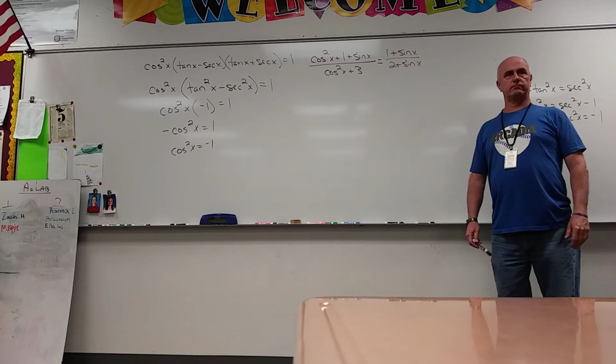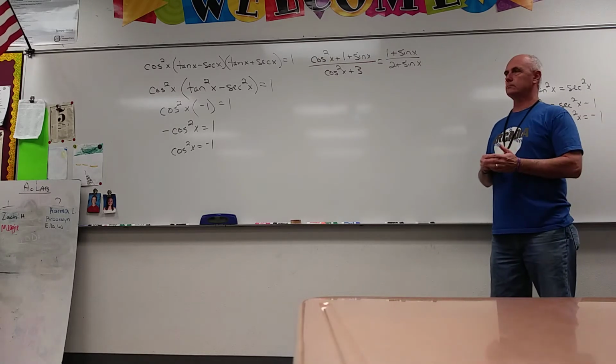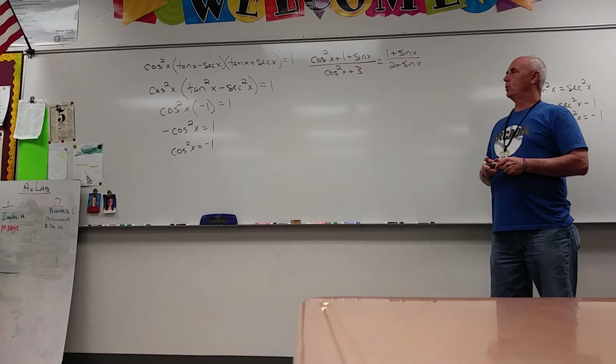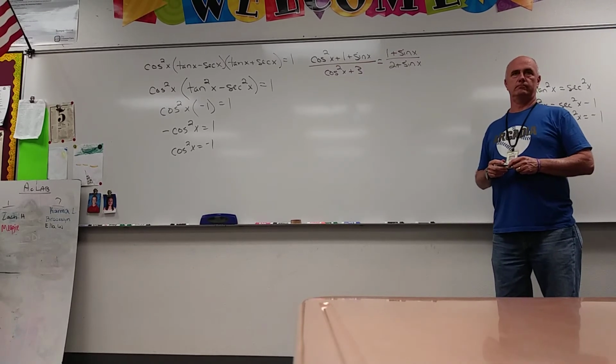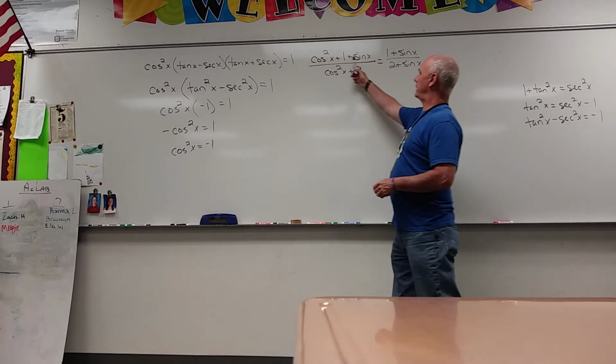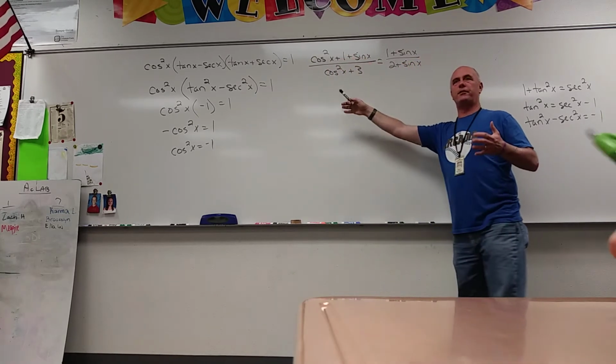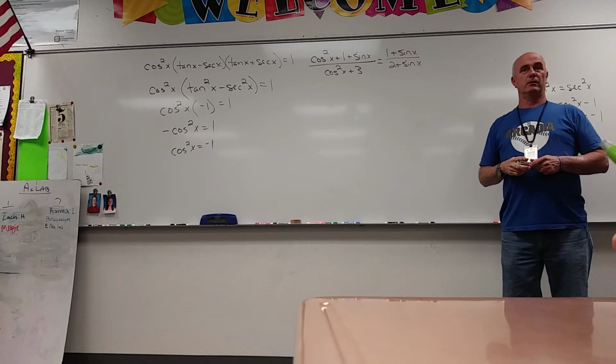Anything you don't like? Don't say everything. Fractions. What I don't like is that we have sines and cosines. Like over here, I don't like that we have cosine squared and sine right around each other. There's really nothing we can do with that. So can we change that at all?